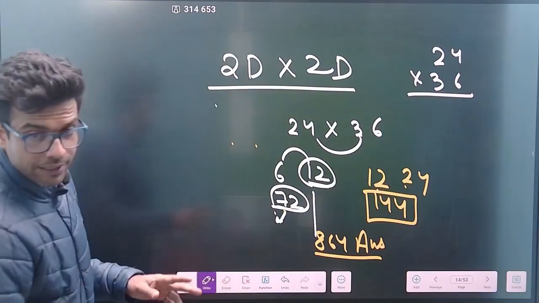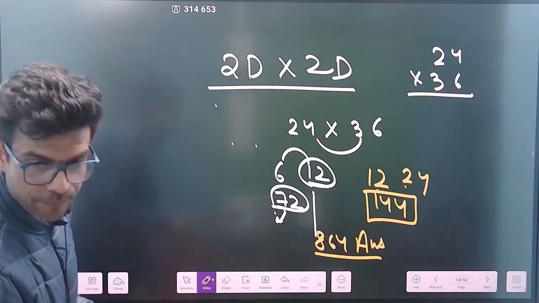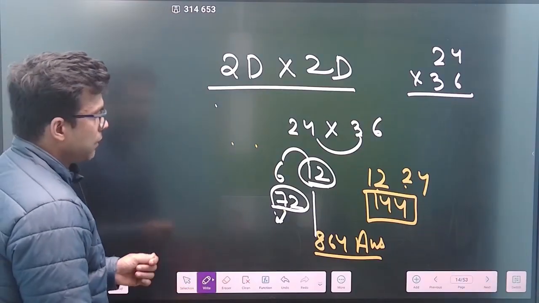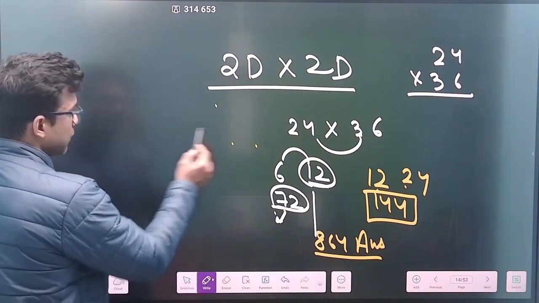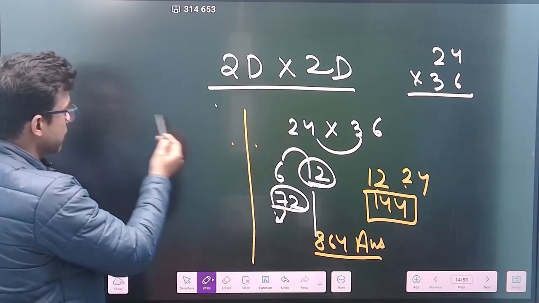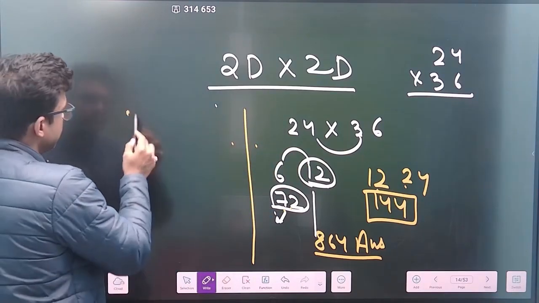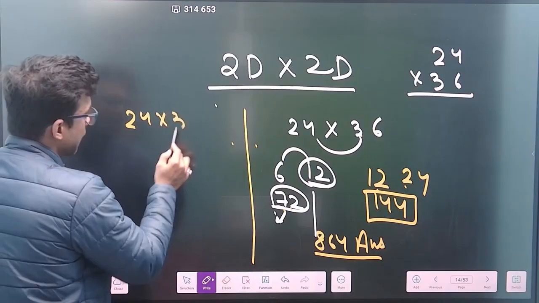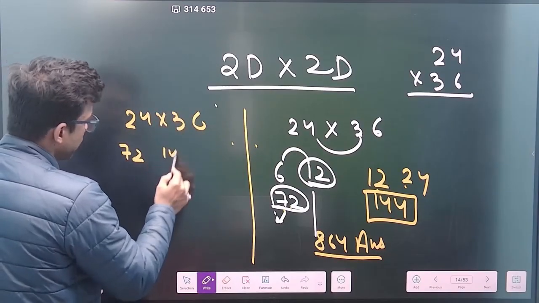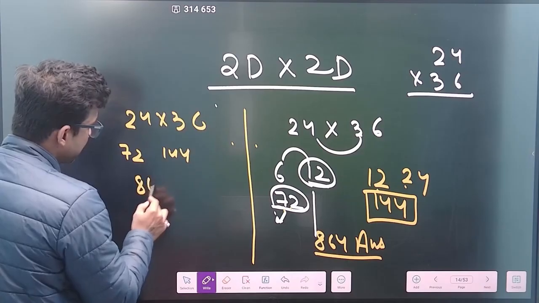Another way of multiplying a 2-digit number with a 2-digit number. Another way of multiplying, not applying. So what basically I am doing, right? Now, if I would do this process fast, that is 24 into 36, I would write this becomes 72 and this becomes 144 and this becomes 864.